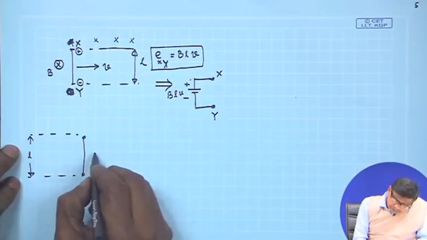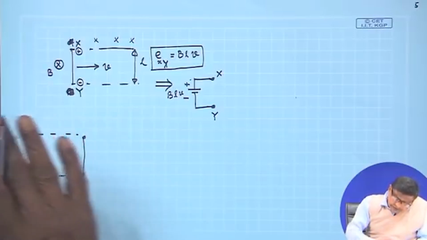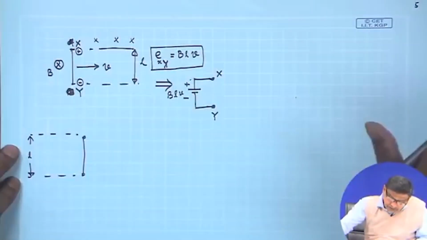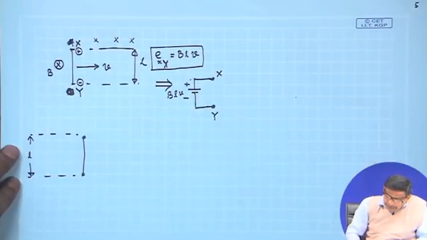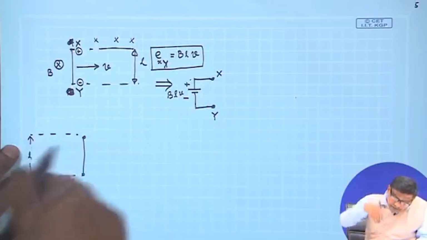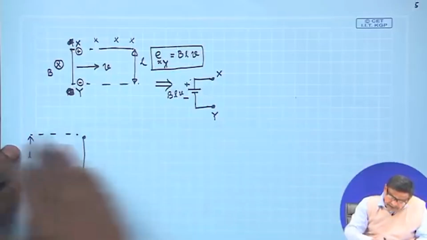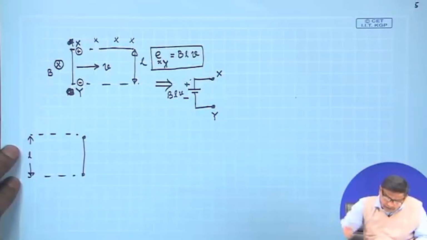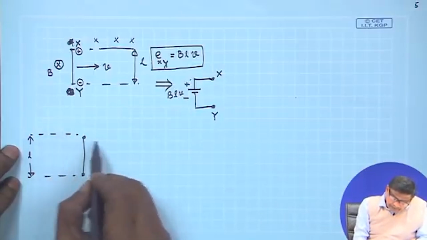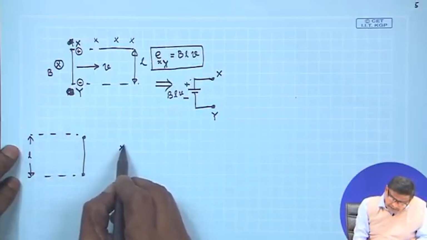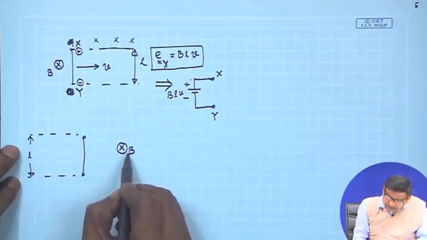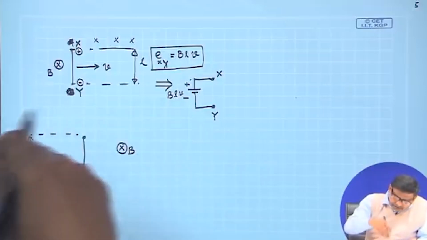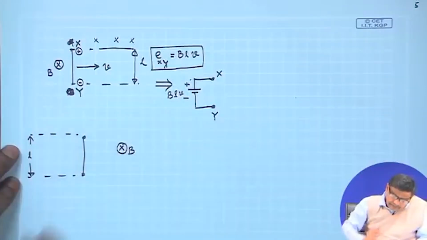Suppose once again you imagine on the top there is a north pole, below the paper there is a south pole, permanent magnets, lines of forces will be there, and suppose it is present all along the place, then B. Symbolically I am just showing one line, but all the lines of forces are present.